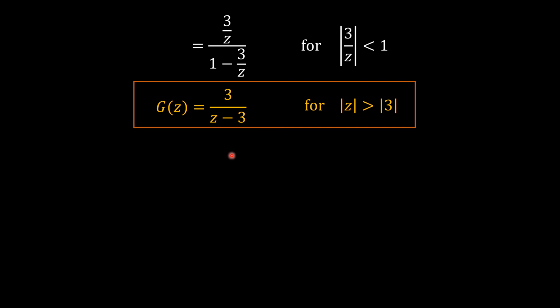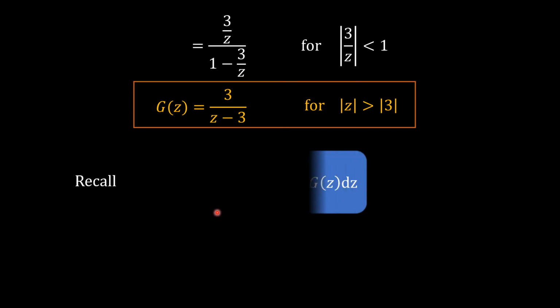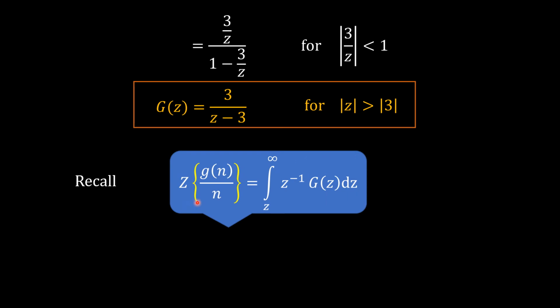Now we want to obtain the Z transform of the sequence f of n, for which we will use the division by n property. Let us recall that property: the Z transform of g of n divided by n is equal to the integration from z to infinity of z inverse into G of z, integrated with respect to z.